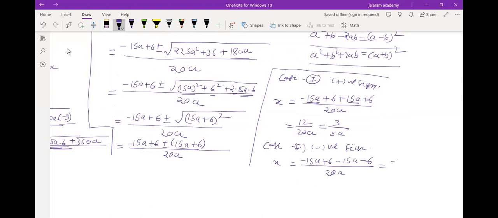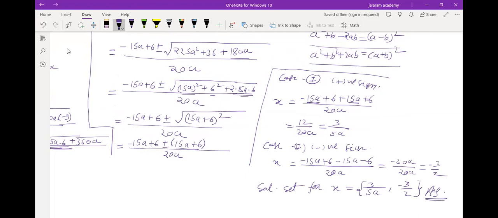Minus 15a is minus 30a, 6 cancelled out. Upon 20a cancelled out, so it is minus 3 by 2. Okay, so the solution set for x equals to 3 by 5a comma minus 3 by 2.